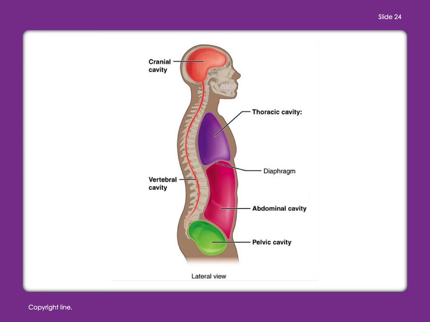The diaphragm separates the thoracic and the abdominal cavity, and that's where we find most of our digestive organs. And then very low in that abdominopelvic cavity is the pelvic cavity, and that, like I said, contains the urinary bladder and the uterus and the ovaries, part of the intestines as well.